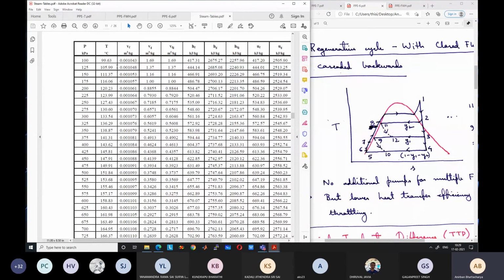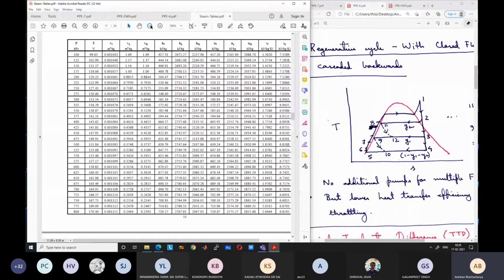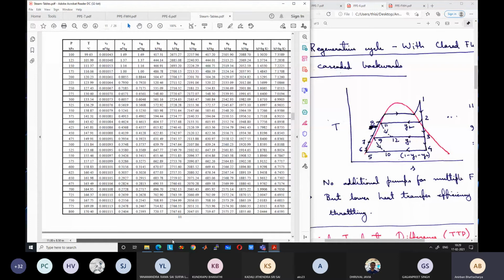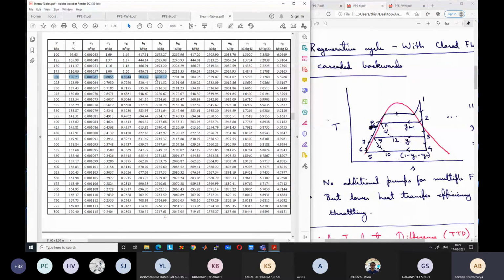I have a big monitor so I can take a look, but anyway, at 200 kPa our entropy is 6.899. We know Sg, the saturated vapor entropy, is 7.12, Sf is 1.52 and Sfg, the difference, is 5.5966.